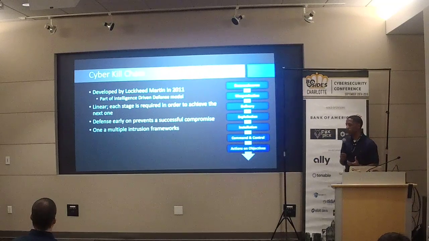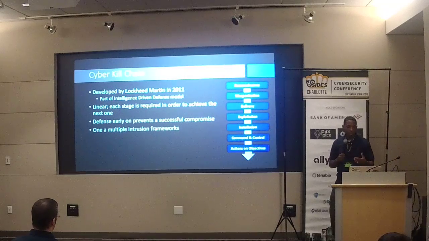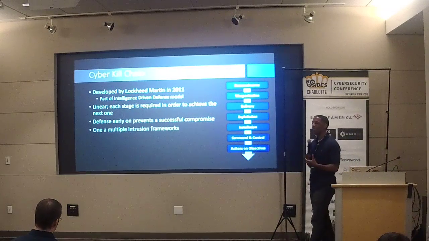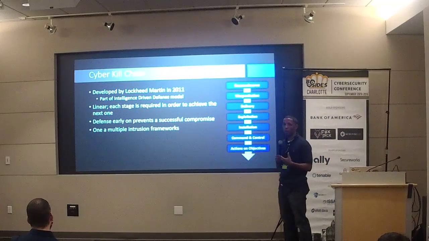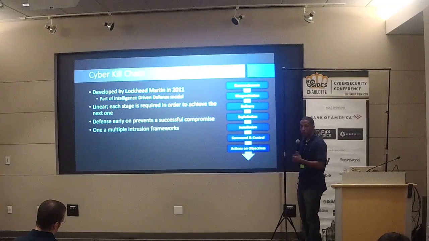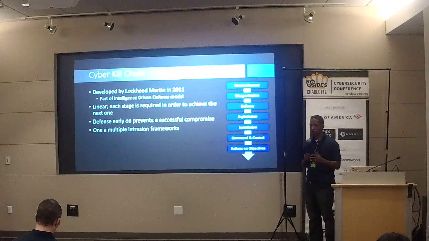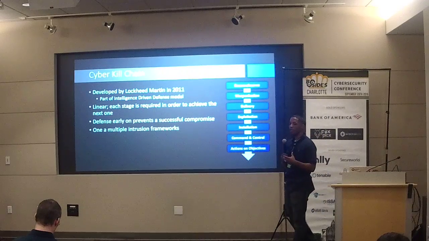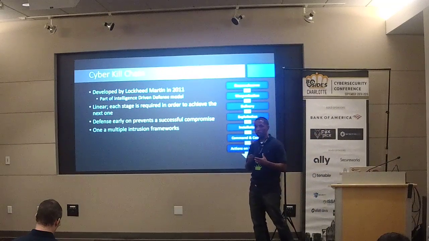But when we break this down a little bit, we look at reconnaissance from the perspective of somebody just trying to gain an understanding of our organization. That could be as simple as what's published about us from an open source perspective online, things that could be found out against us.